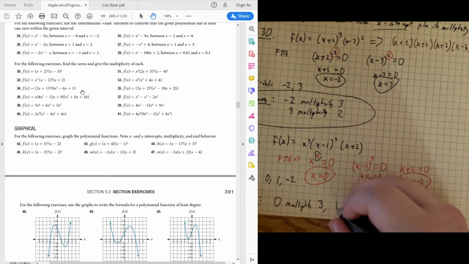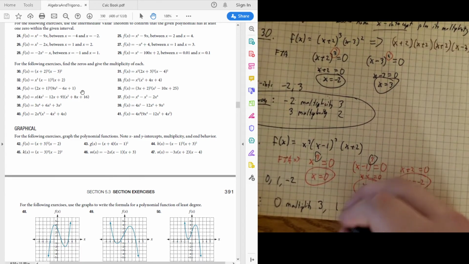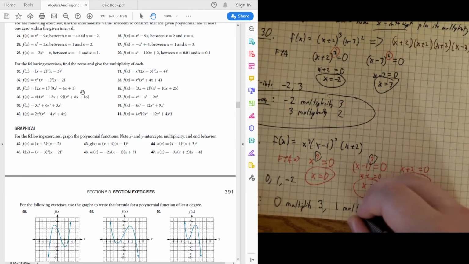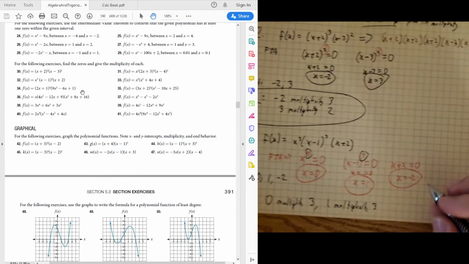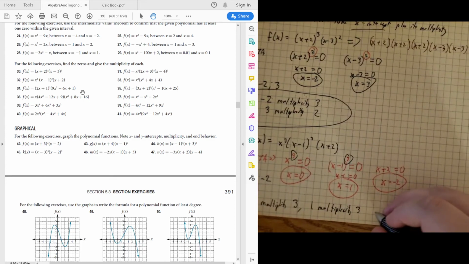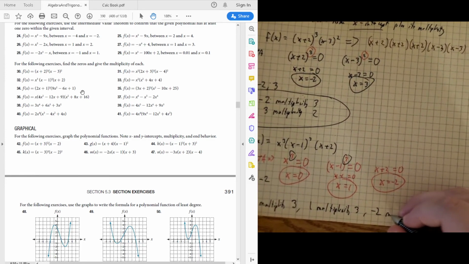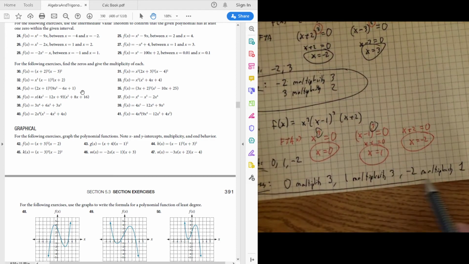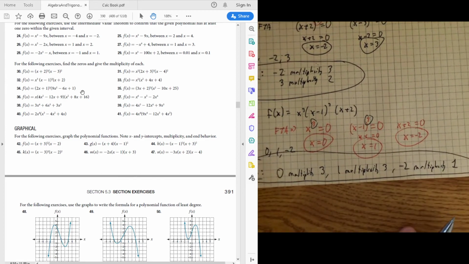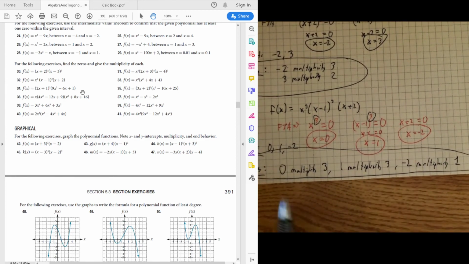We'd have 1, but it also appears 3 times. This one, since there's no power on it, would mean that we have negative 2, and it's just multiplicity 1. When it comes to answering the question of what are the zeros, you have to list out the x-intercepts and how many times they appear.